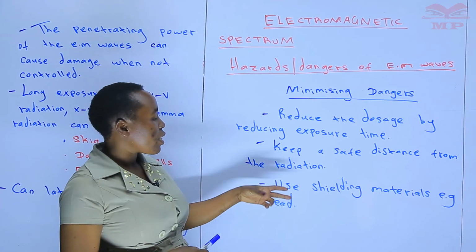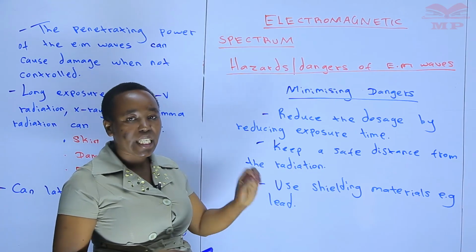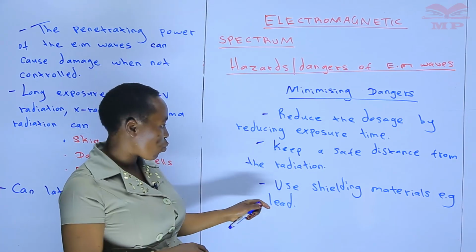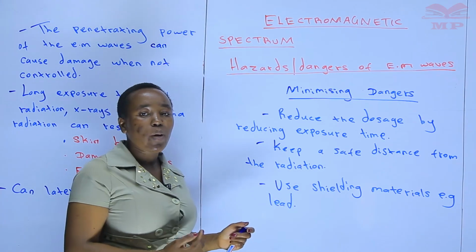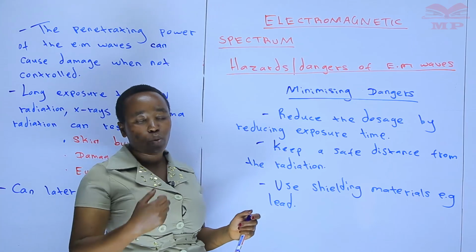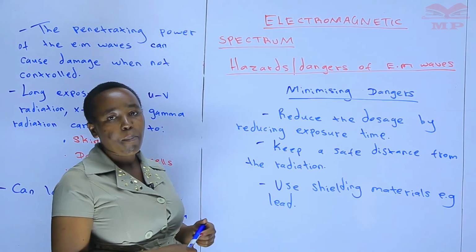And therefore, in maybe the industries where there is some emission of these radiations, they can use what we are calling lead or any other shielding material so as to ensure that the radiations do not get to the people, but instead they are absorbed by those shielding materials.